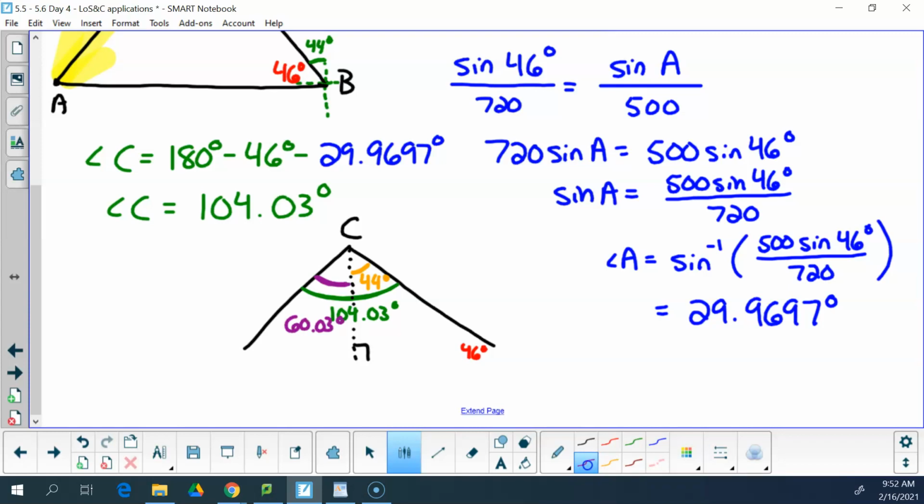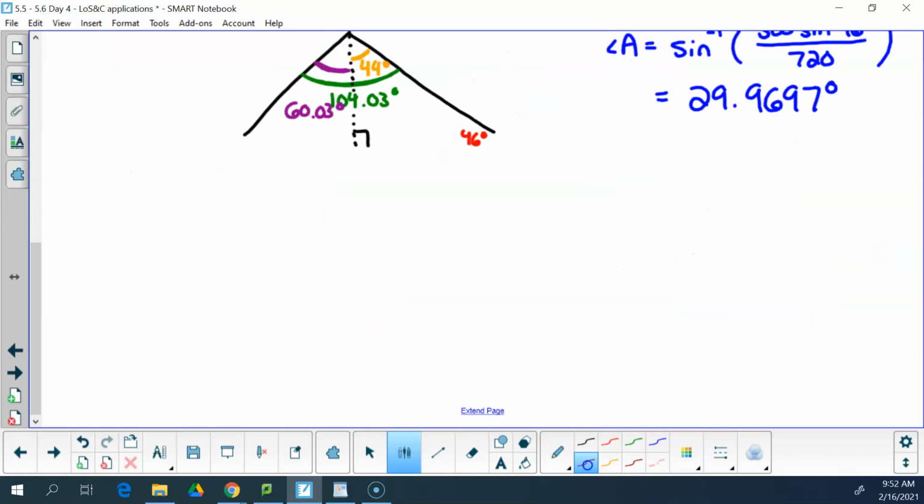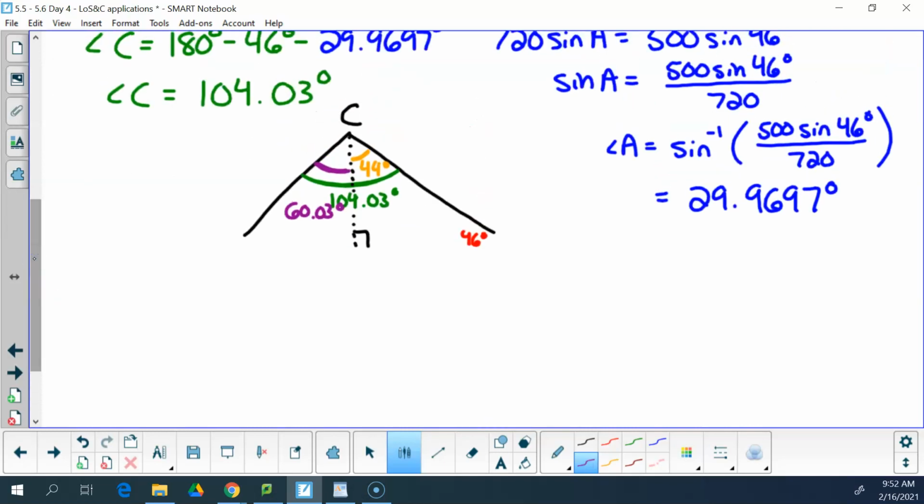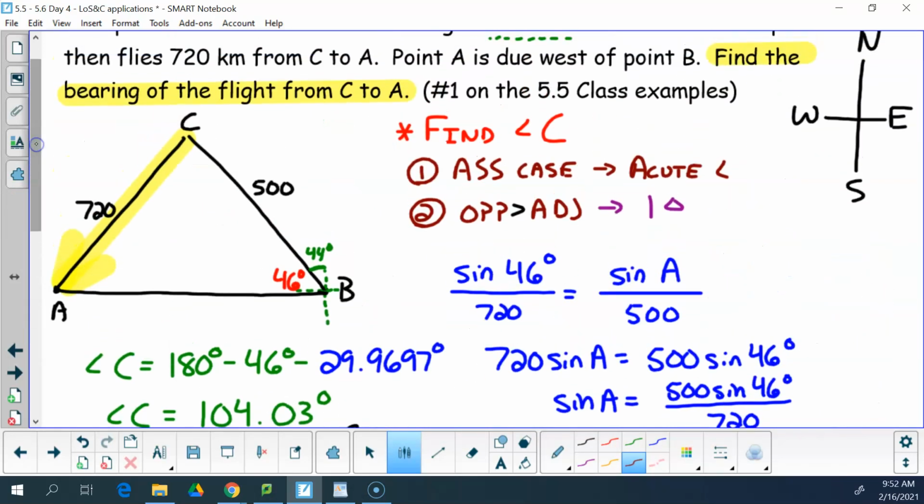So the final bearing then is going to be, let's go back up here. So the final bearing, are we headed in a north, up or down on the direction? Down. So that's going to be south, right? Okay.